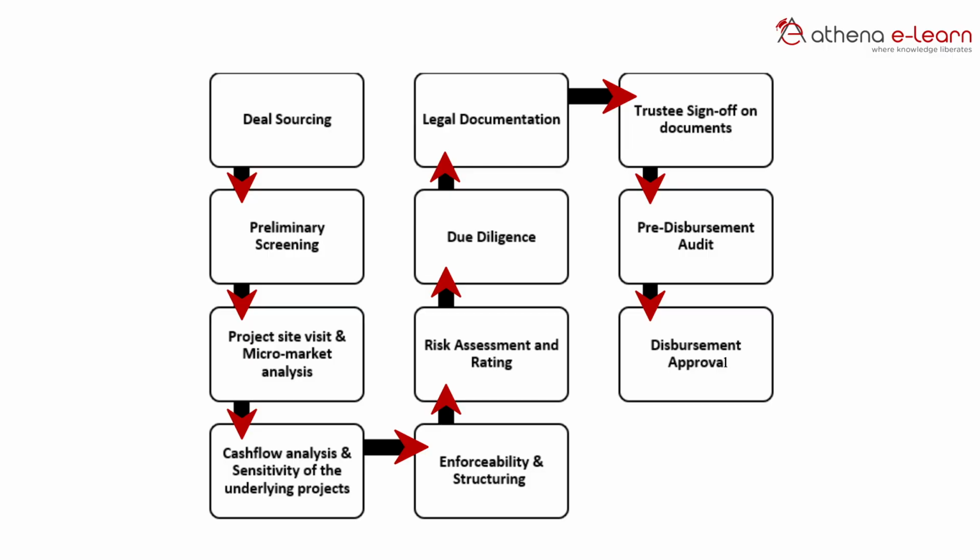The security package, which is agreed as a part of the construction finance, is also executed and shared with the lender. Post that, they make a request for the disbursement, and once all the internal approvals and audit checks are done, the lending institution then disburses the construction finance loan.